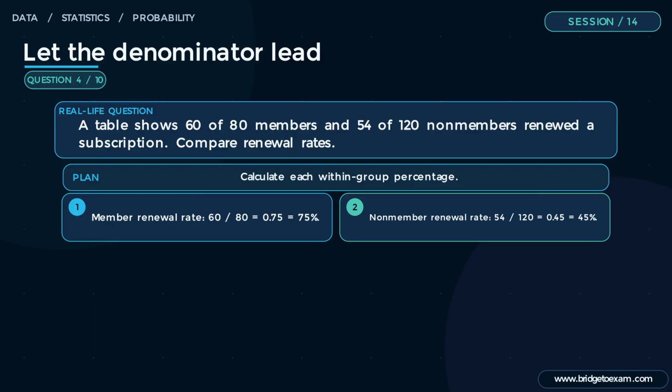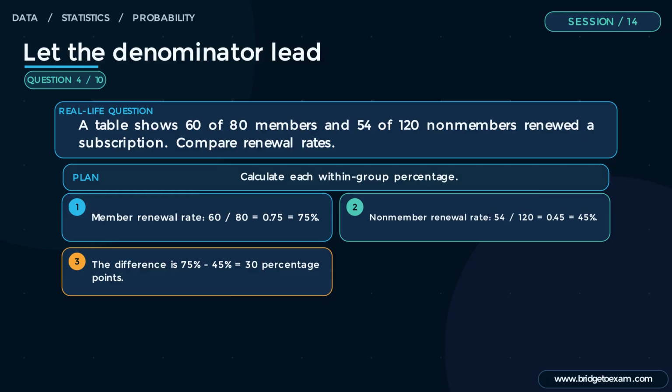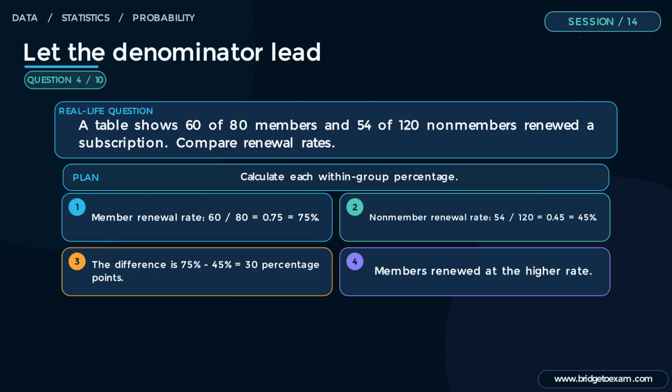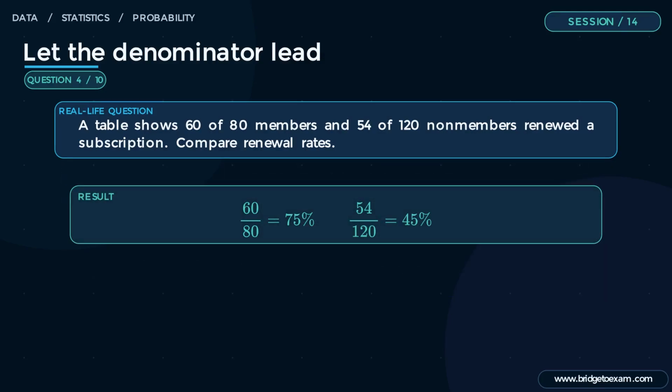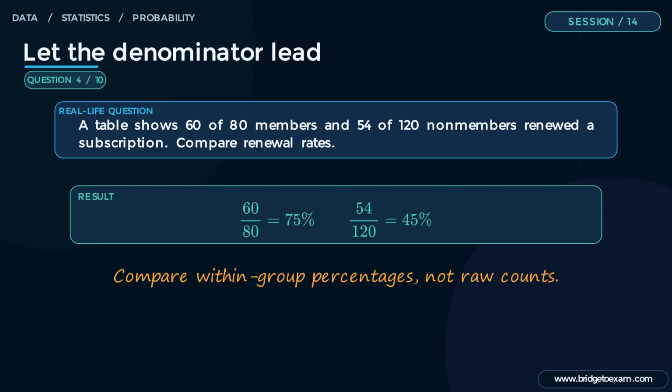Non-member renewal rate. 54 divided by 120 equals 0.45 equals 45%. Step 3. The difference is 75% minus 45% equals 30 percentage points. Step 4. Members renewed at the higher rate. Quick check. Compare percentages, not counts. The non-member group is larger. This matters in real life because subscription teams compare segment rates to evaluate loyalty programs.